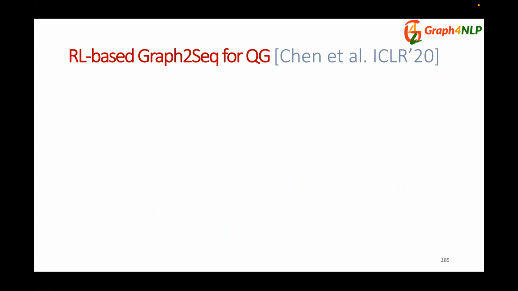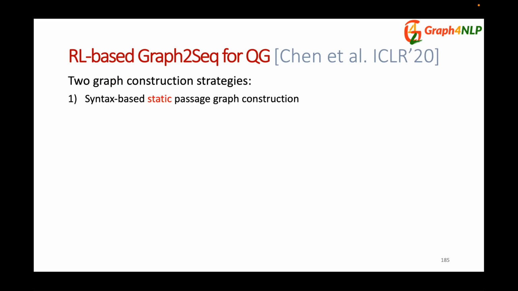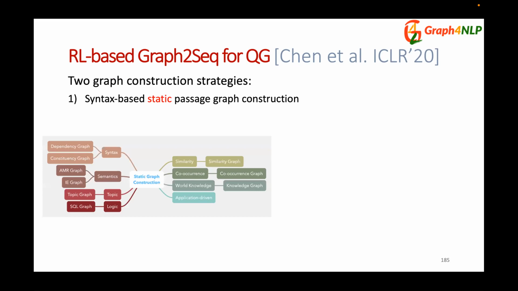For the graph construction part, the authors explored two different strategies, including static graph construction and dynamic graph construction approaches. For the static graph construction approach, they build a syntax-based static graph where a dependency graph was constructed.